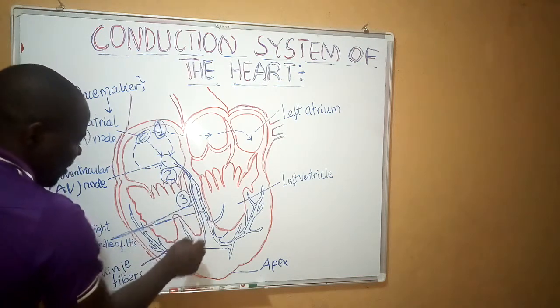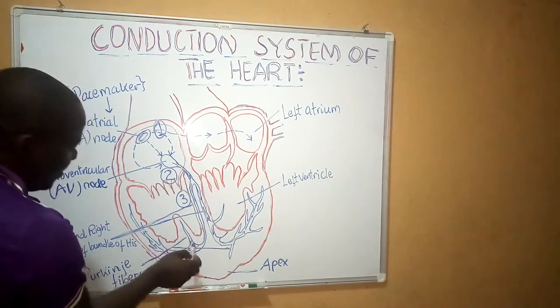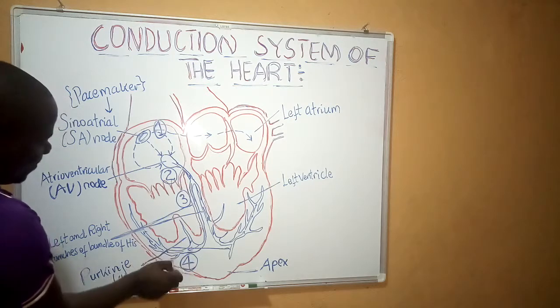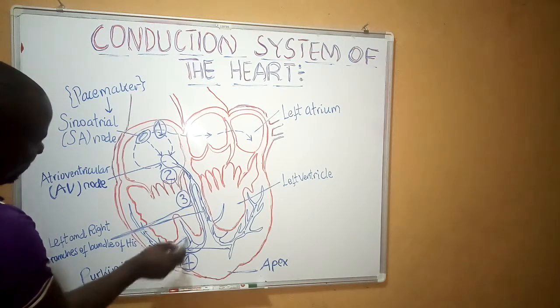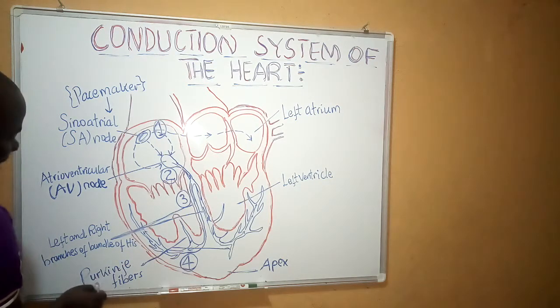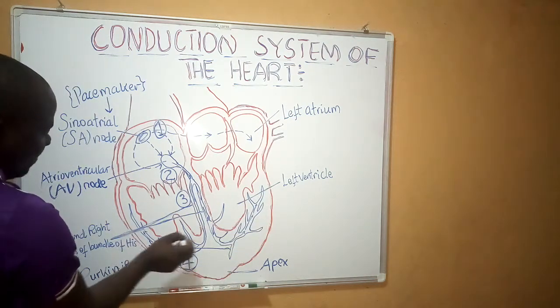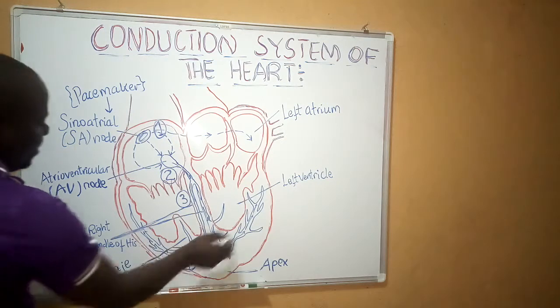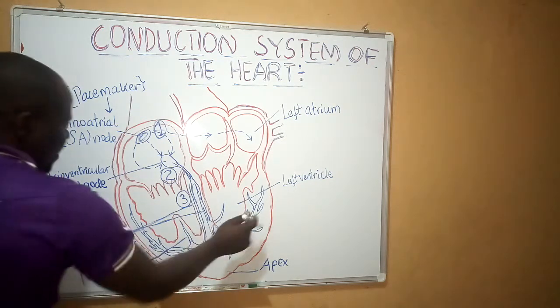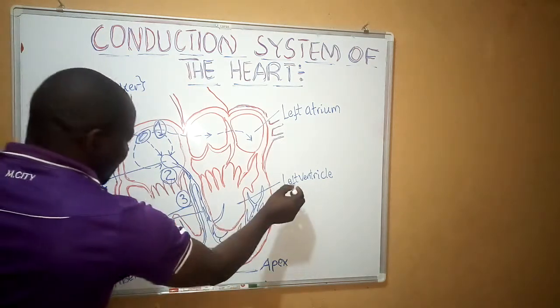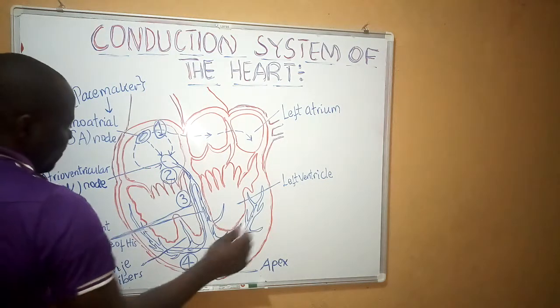Then the bundle of His divides further to form Purkinje fibers. These Purkinje fibers maximize the action of this action potential, ensuring that the left ventricle and right ventricle contract.